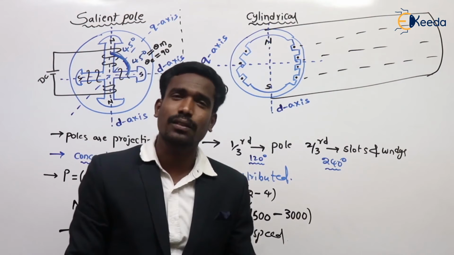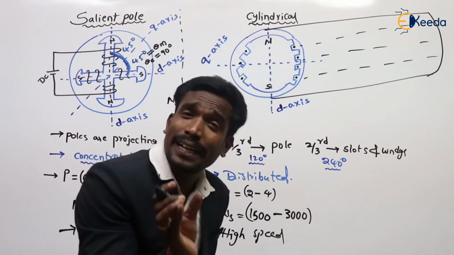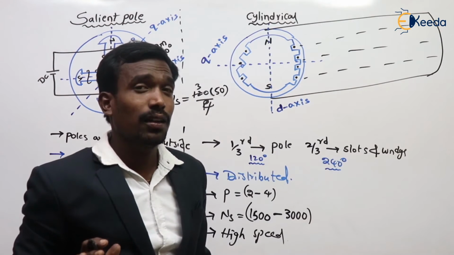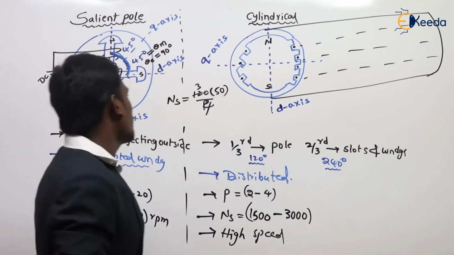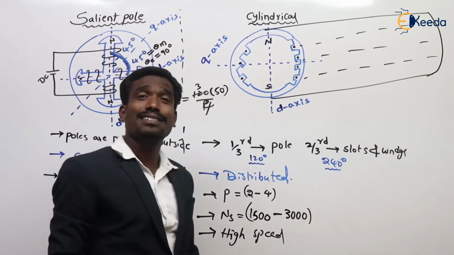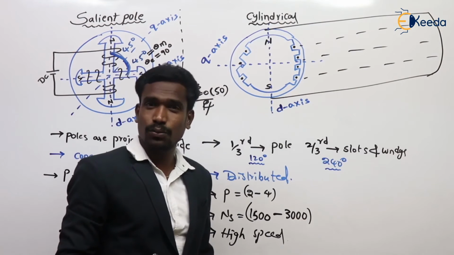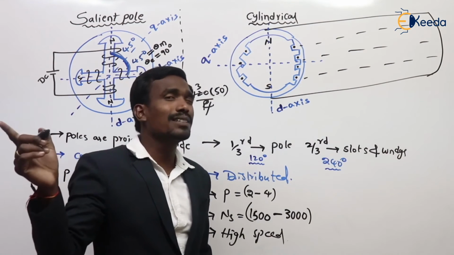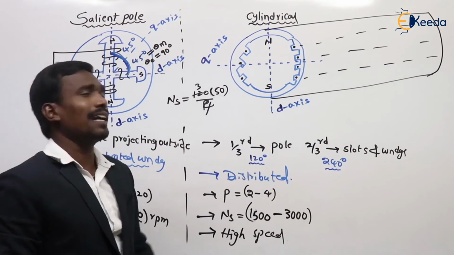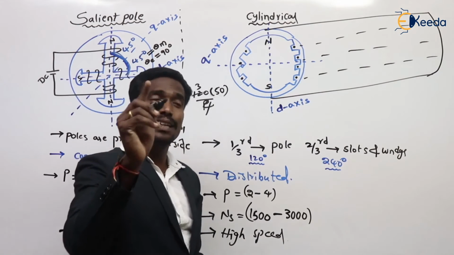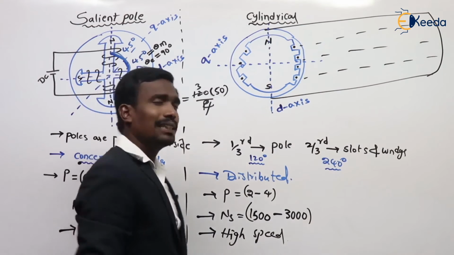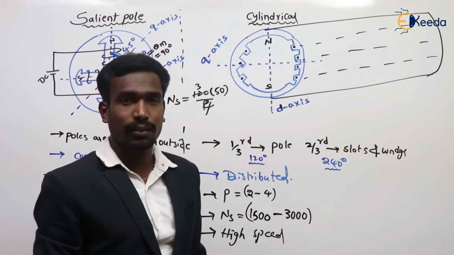They will ask you which type of winding is preferable for low speed applications. The concentrated winding is preferable, as we saw in a transformer also, where the speed is 0. Whereas for high speed applications, distributed winding is preferable.